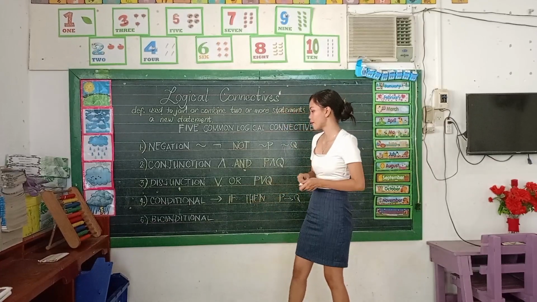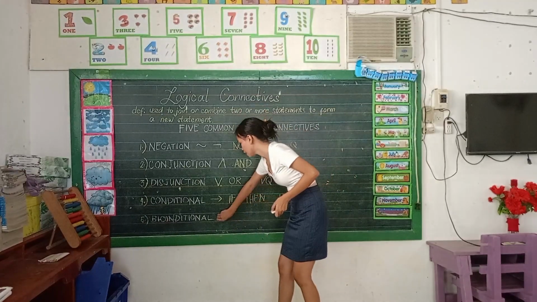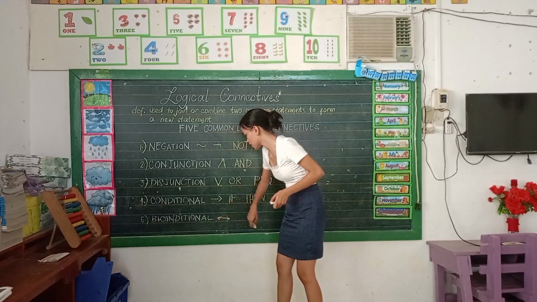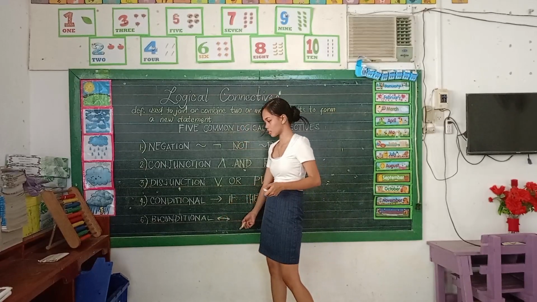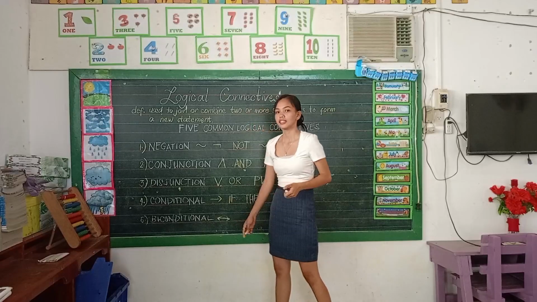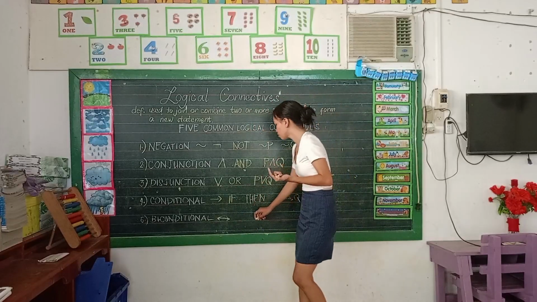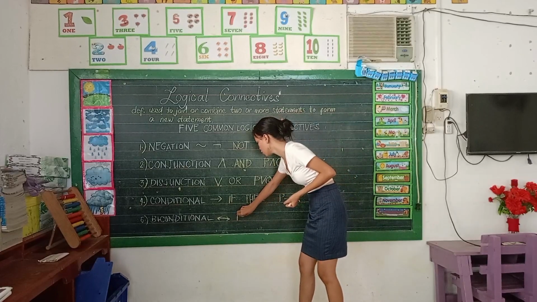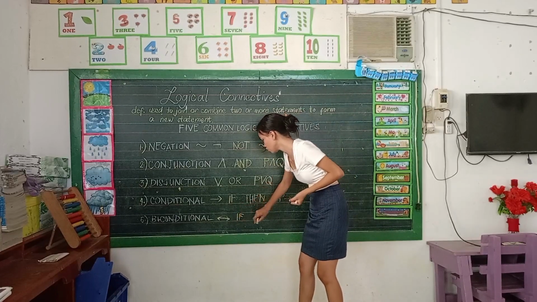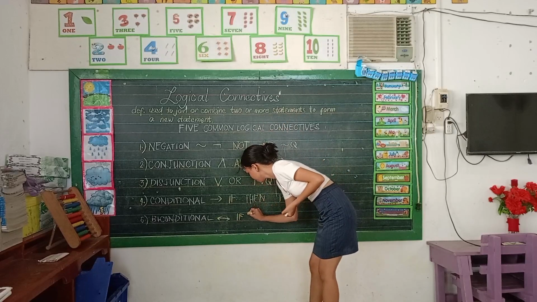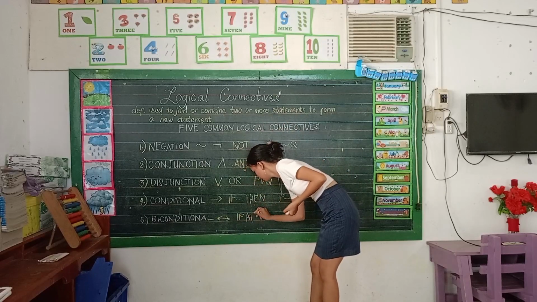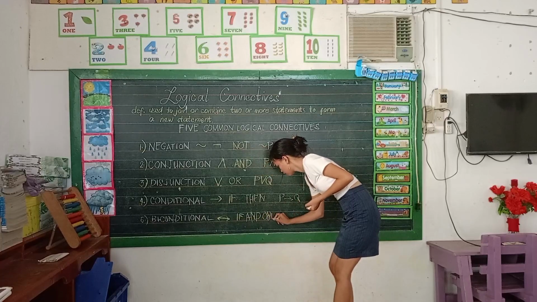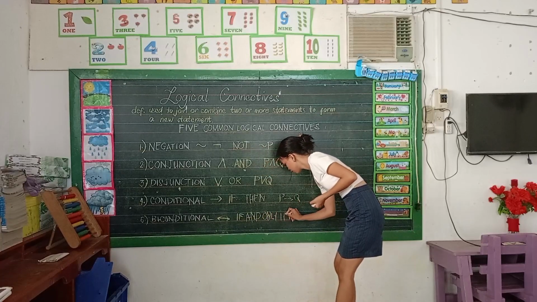Then lastly, for the biconditional, the symbol is a double arrow, an arrow that points on both sides. The connective terms that we are going to use here are if and only if.